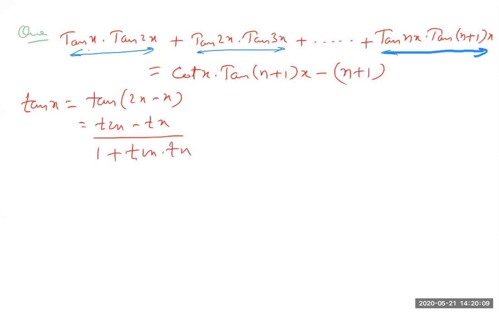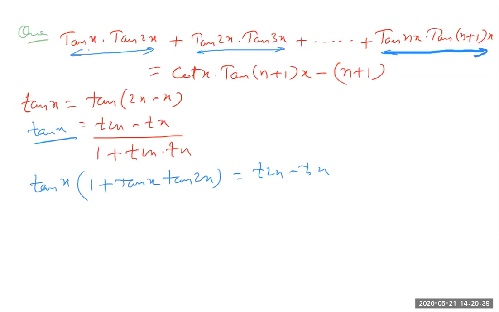So if you cross multiply, you will get, very good Prakhar, you are doing very fast. So you cross multiply: tan x into (1 plus tan x tan 2x) is equal to tan 2x minus tan x.